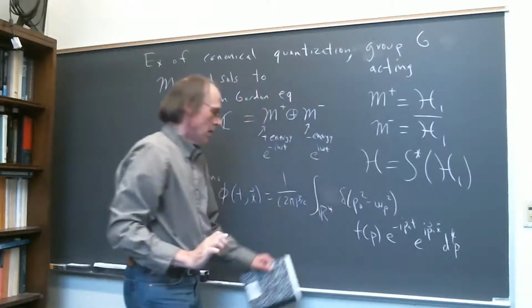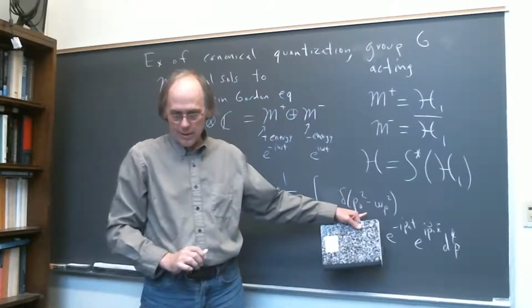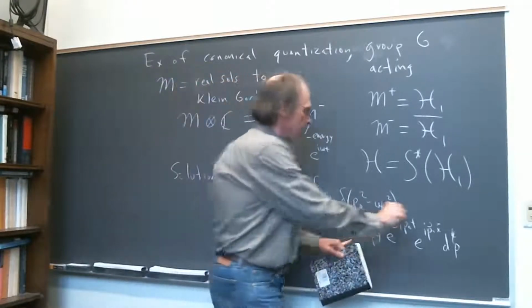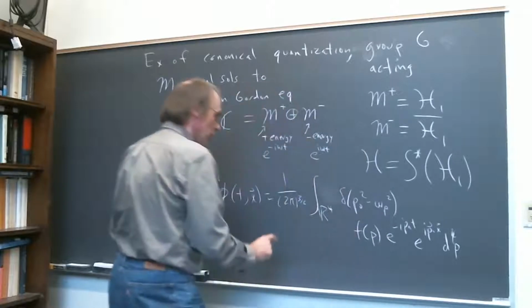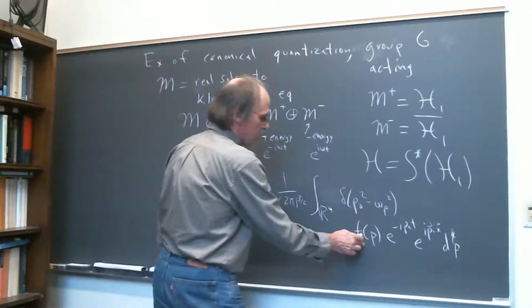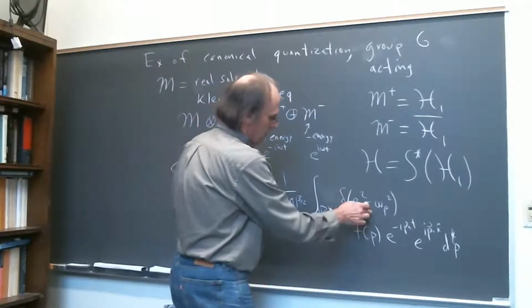So you restrict to the mass shell, and then you get something that only depends upon the values of this function on the mass shell.